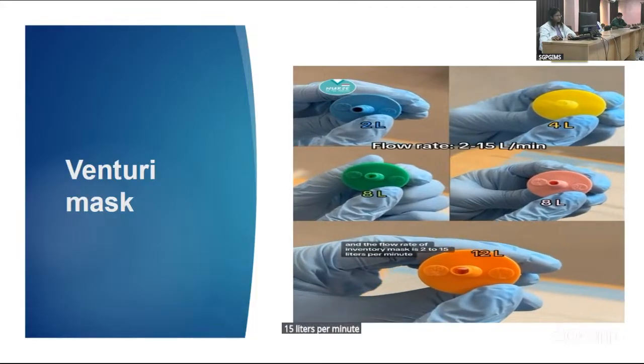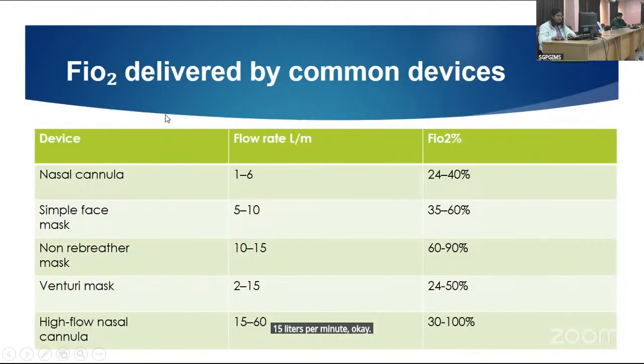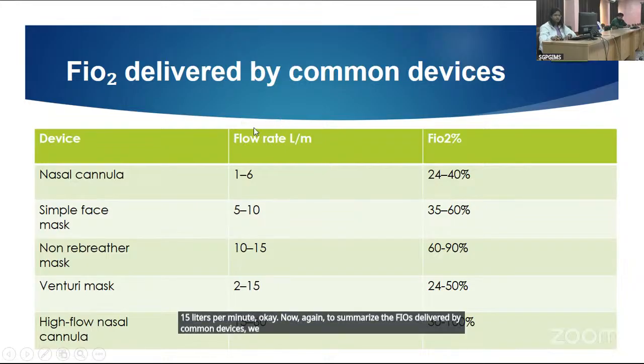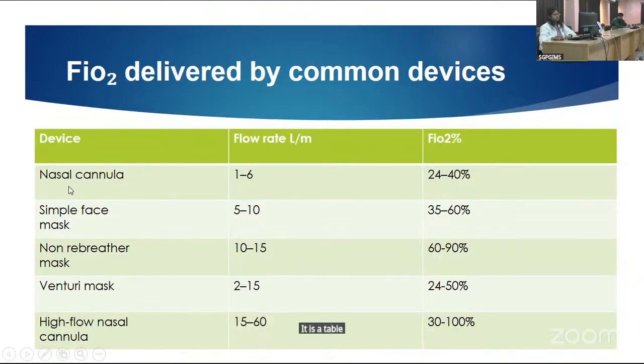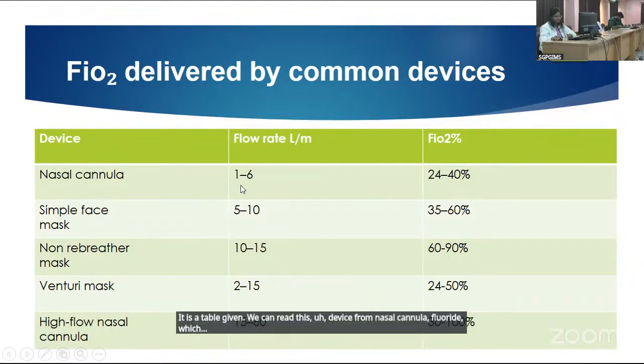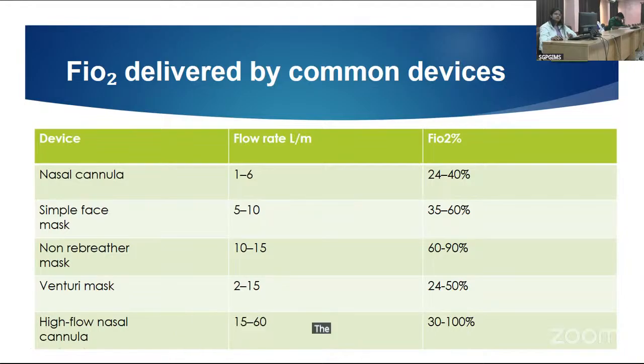Okay. Now, again, to summarize the FiO2s delivered by common devices, we can read this. It is a table given. We can read this device from nasal cannula flow rate. Oxygen we can give is 1 to 6 liters per minute, and the FiO2 is 24 to 40%. And through face mask, the oxygen we can provide is 5 to 10 liters per minute, and the FiO2 is 35 to 60%.